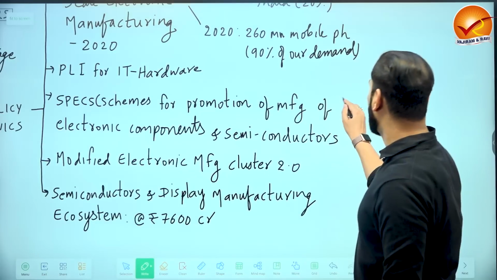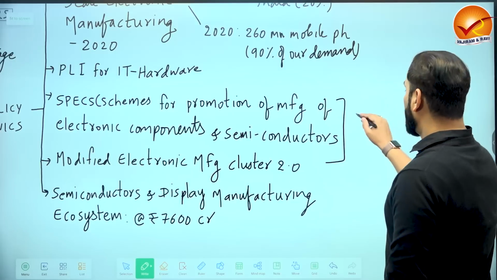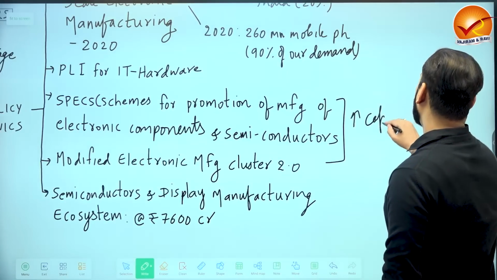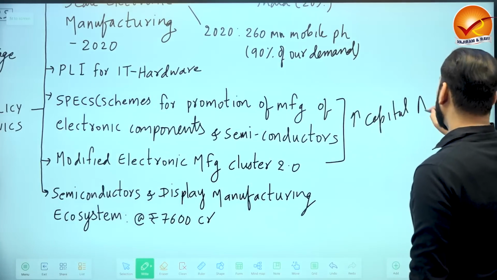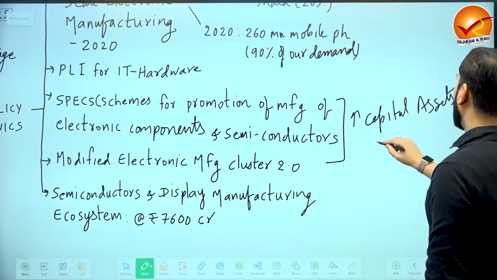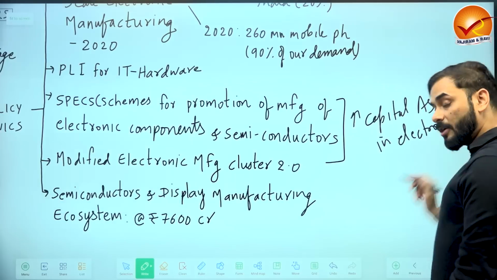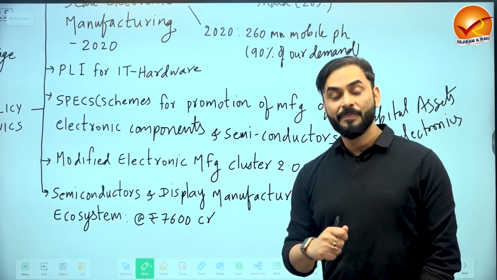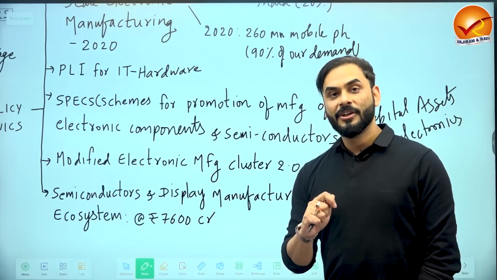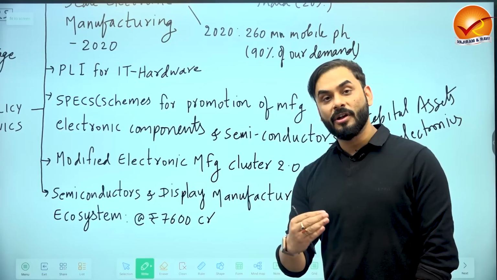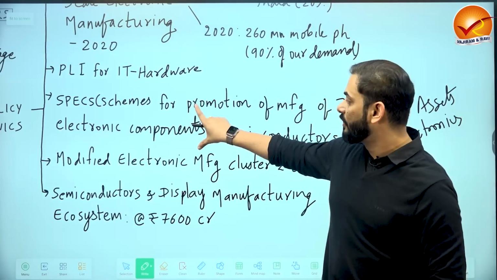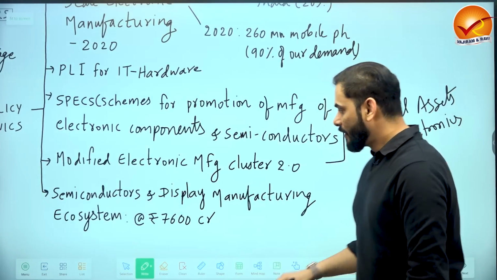These two schemes have been launched in India to increase capital assets in electronics, which means that the government of India is trying to motivate the electronics industry to get good machines, good technology, financial support through these two schemes.